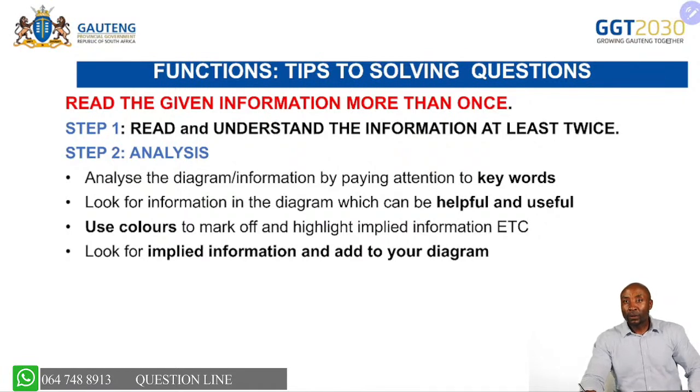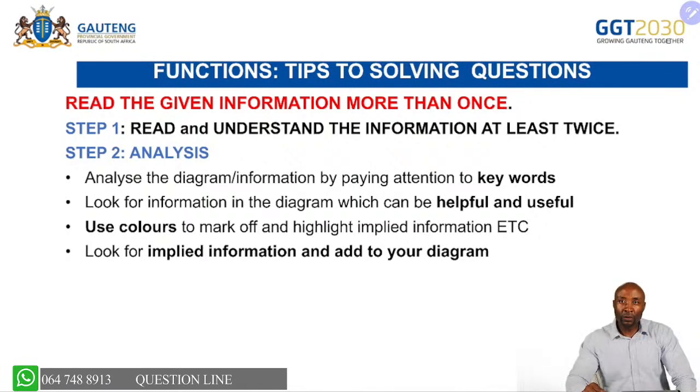Like you saw, I added the equation of the axis of symmetry. I added the information where I can say my function increases, then turns, and then decreases. It's a way of helping me interpret the information that I'm given in the diagram. Implied information: if you are told that it's a turning point, it's implied that's your minimum or that's your maximum point.